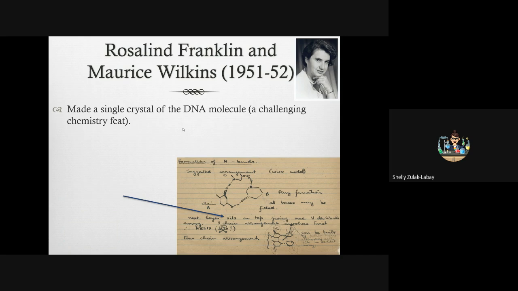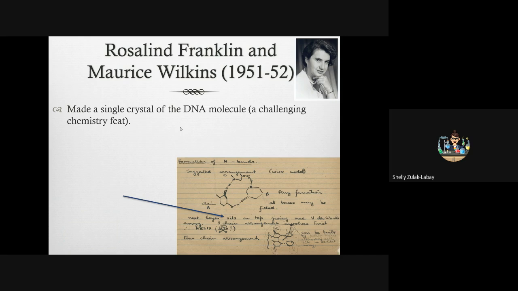So Rosalind Franklin in particular made a single crystal of a DNA molecule, which at that time and still to this day is something very, very difficult to do in the world of chemistry. So she was able to take cells from the thymus gland of a calf or baby cow.